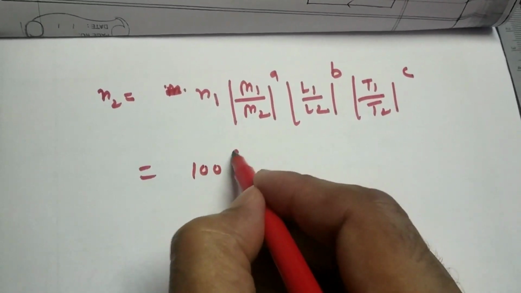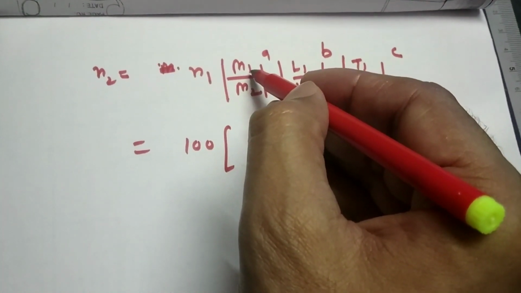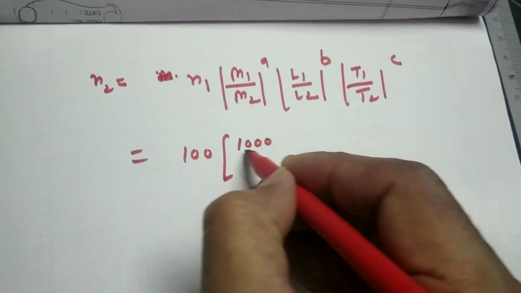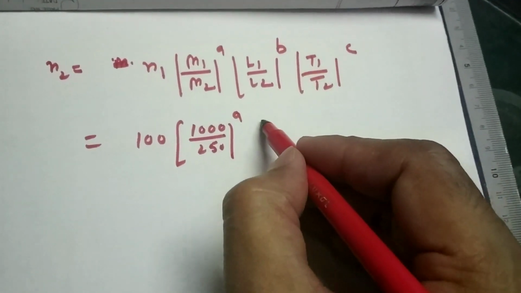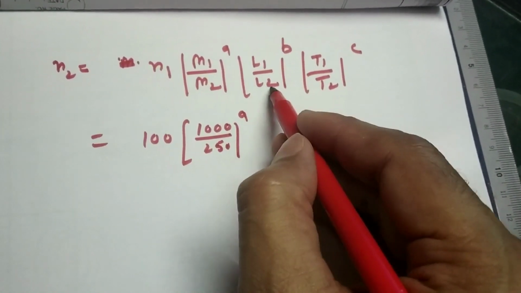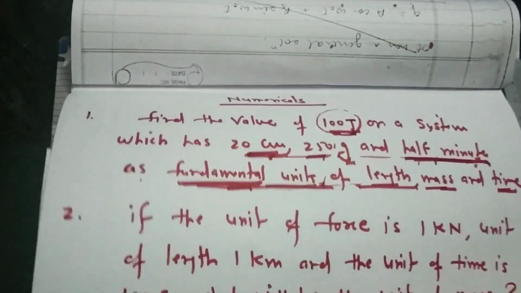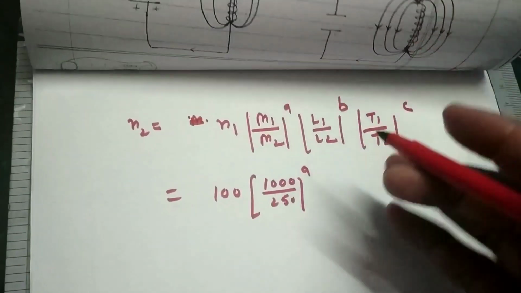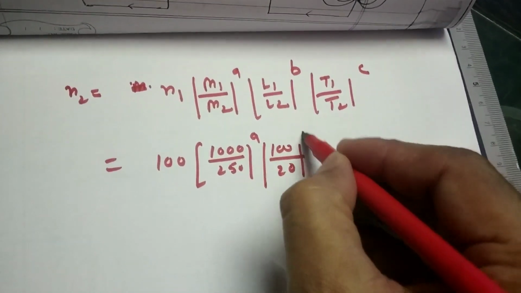n1 is 100 joule, M1 is 1 kilogram, and M2 is 250 gram. So we can write 1000 upon 250 to the power a. L1 is 1 meter and L2 is 20 centimeter, so 100 centimeter upon 20 centimeter.